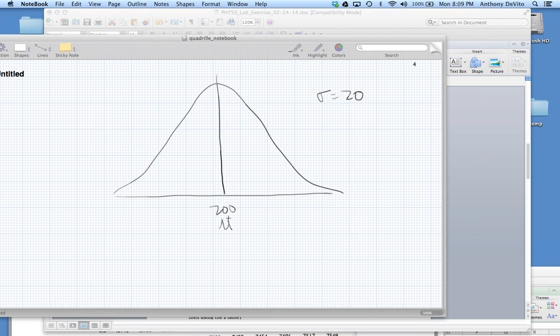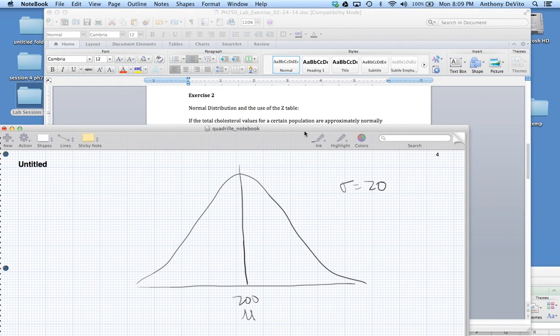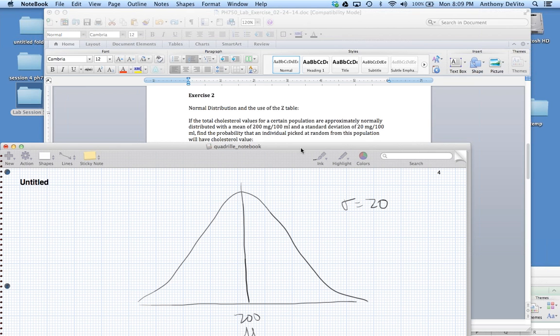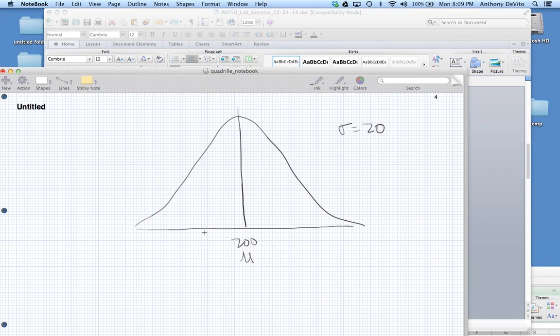Now notice that in this problem we said population mean, population standard deviation. Find the probability an individual picked at random from this population will have cholesterol value between 180 and 220. 180 looks like it's about here, and 220 is about here. So 180 and 220 is how many standard deviations? It's -1 standard deviation, +1 standard deviation.